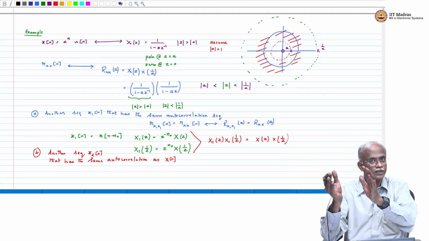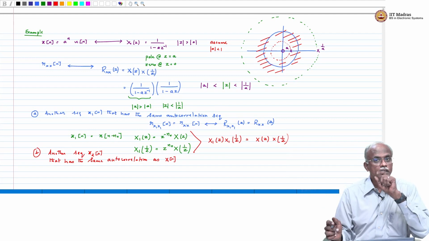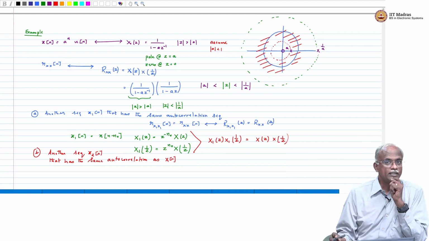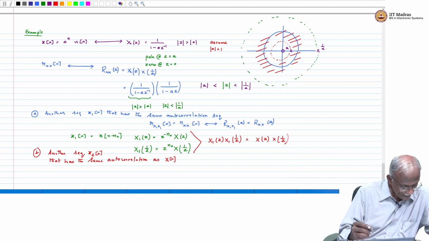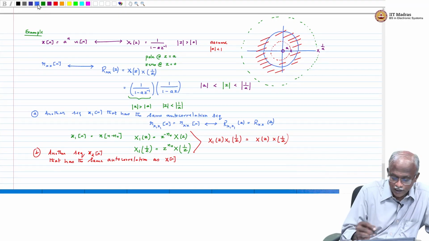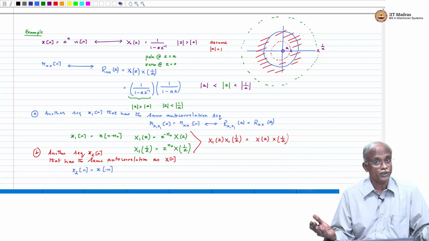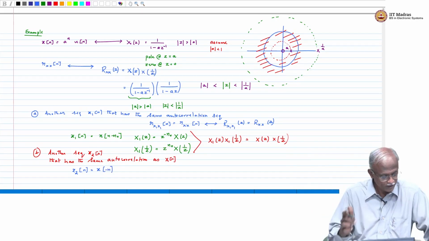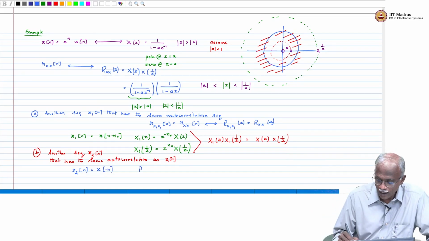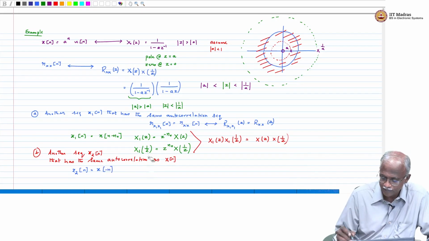Now, what is the sequence corresponding to X of 1 by z? It is the time reverse sequence. So, can we take x2 of n to be equal to x of minus n? It's a valid possibility, right? It's a different sequence, the time reverse sequence. So let's write X2 of z.